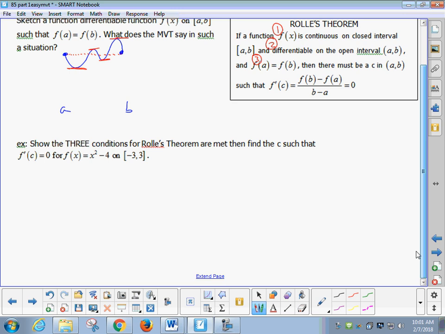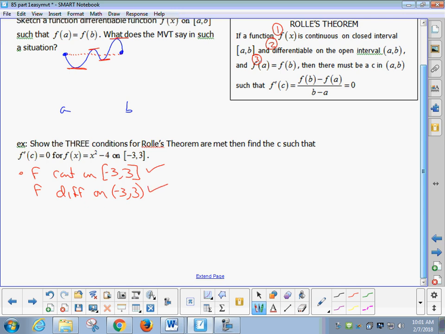So the first two conditions are very much the same. F is continuous on the closed interval -3 to 3, and given it's a parabola, do you agree it's continuous? F is differentiable on the open interval -3 to 3. Again, given it's a parabola, it has no breaks, no sharp turns, no vertical tangents. I think we can also agree it's differentiable.